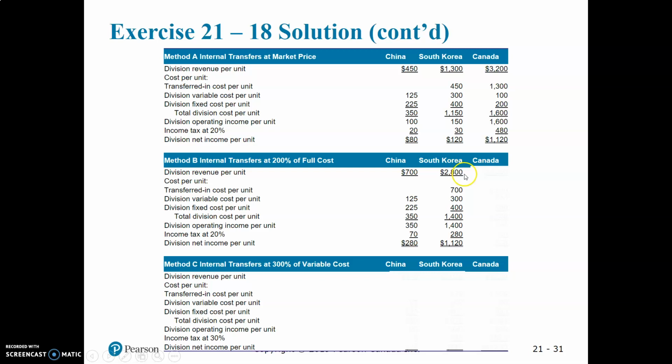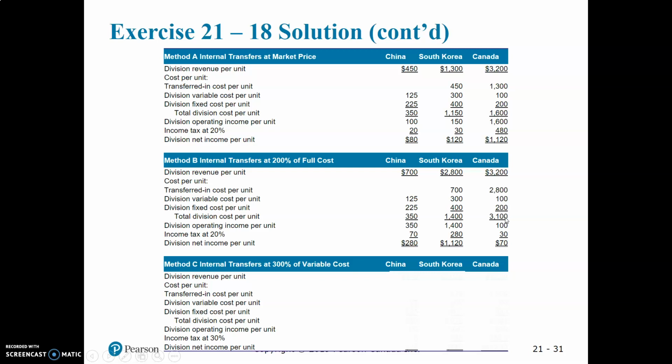Subtract that number from the revenues of 2,800, we arrive at an operating income of $1,400. Now deduct the income tax of 20%. So 20% of 1,400 results in $280. And if you subtract that from our operating income of $1,400, we arrive at a net income per unit of $1,120.